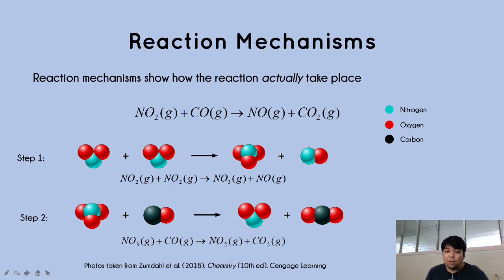And this nitric oxide molecule is the one that will actually react with your carbon monoxide to form your CO2, and it will regenerate your nitrogen dioxide, which will again react in your step 1.